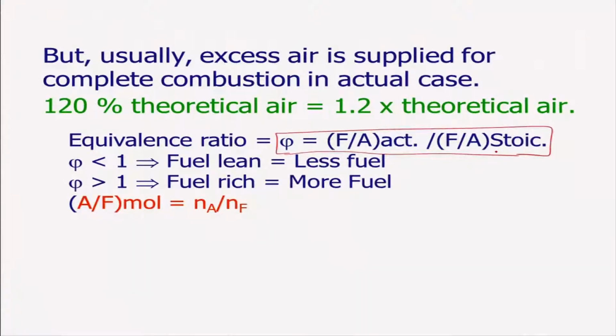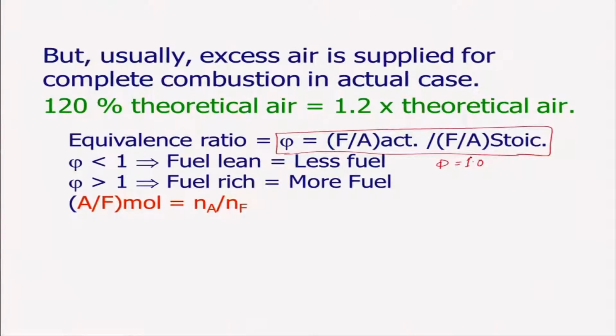And if phi is equal to 1, what is the meaning? If I say phi is equal to 1, that is equivalence ratio 1, that means you are operating on a stoichiometric fuel-air ratio, or air-fuel ratio, whatever you call it. And if phi is less than 1, what does it mean?